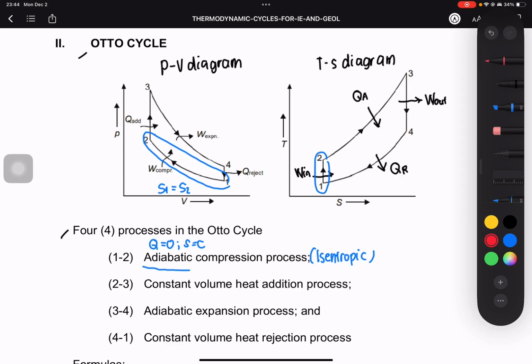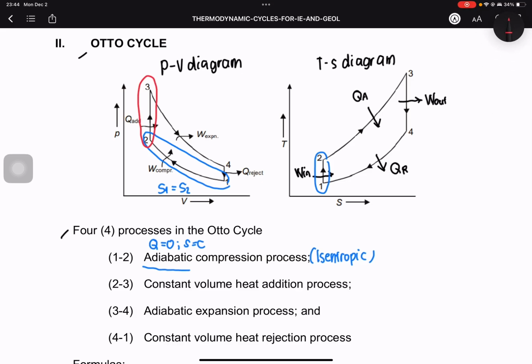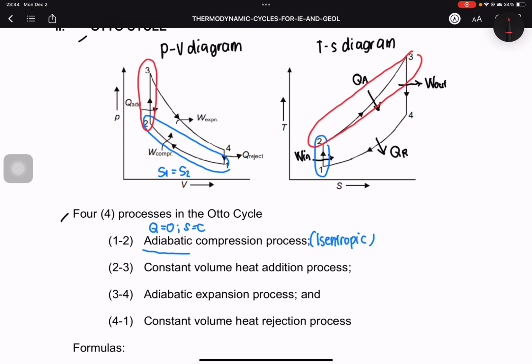And then, for process 2 to 3, this one is 2 to 3. And for process 2 to 3 naman po, that is constant volume heat addition process, or pwede rin po nating sabing isometric, also isovolumic, isochoric heat addition.